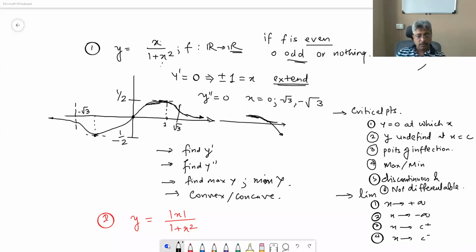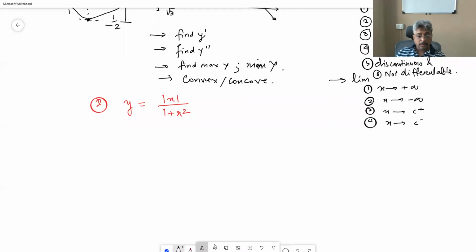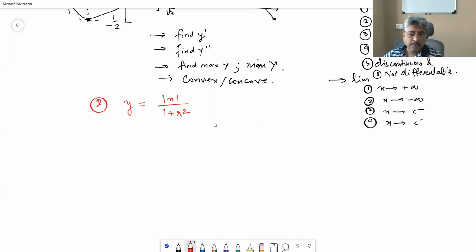Where is it? Okay. Sketch. It is as simple as first one.